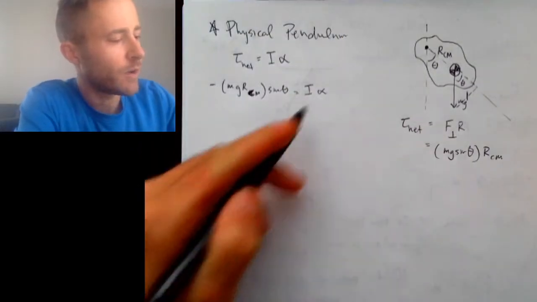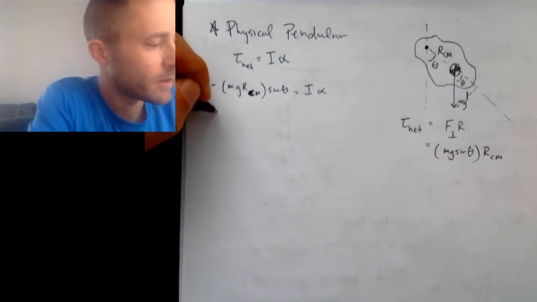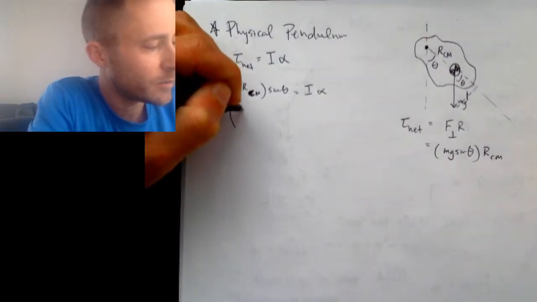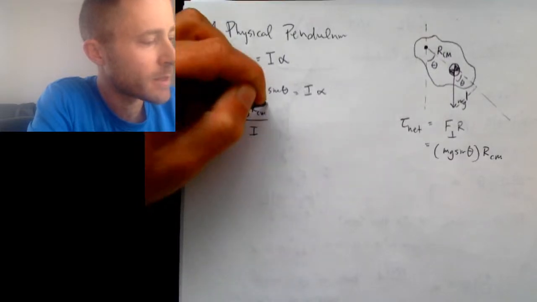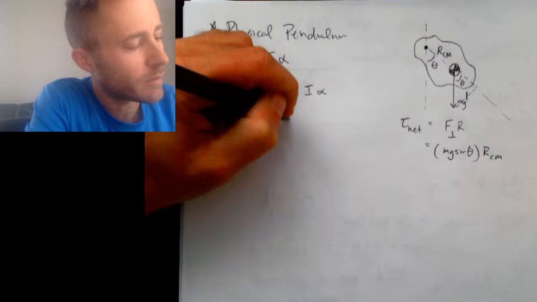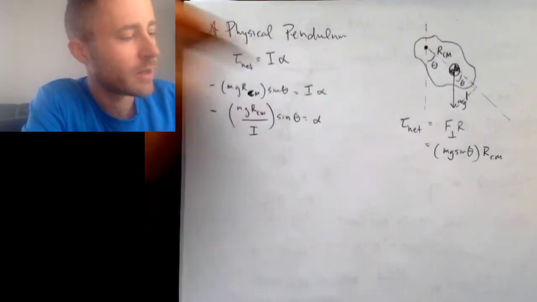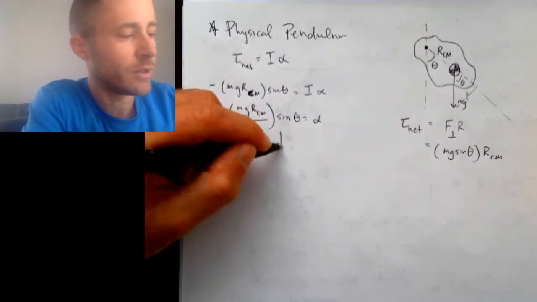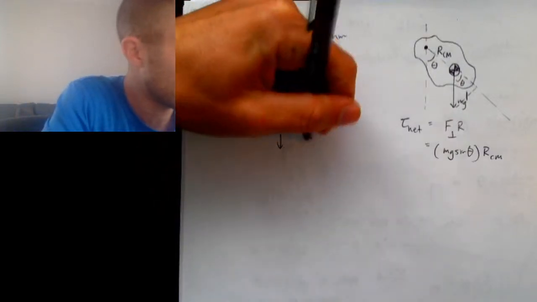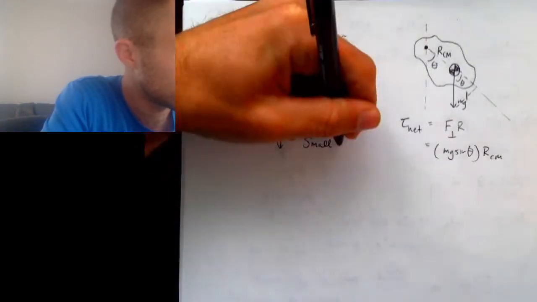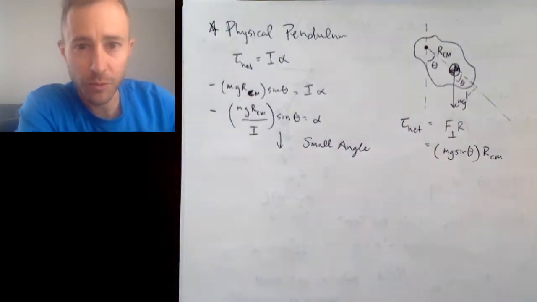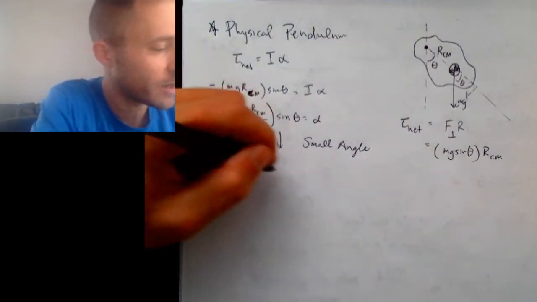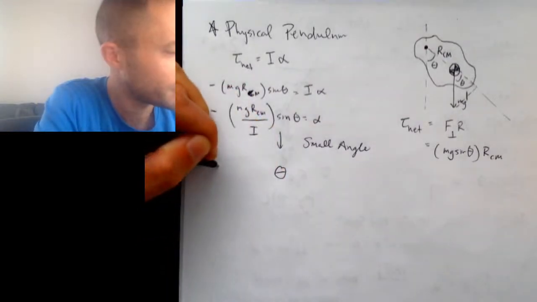Divide both sides by I. So I have mg R_CM over I times sine of theta equals alpha. Then I use the small angle approximation: sine of theta is approximately theta.